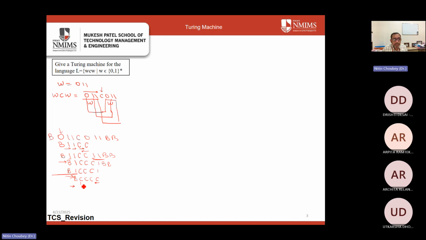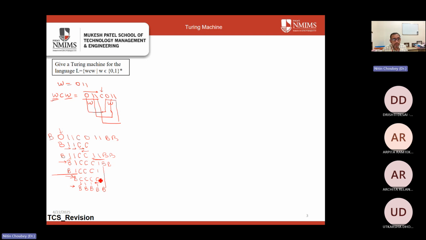So since C is available, it indicates your W is over. When W is over, all symbols of this W should have been replaced by C. So we need to check that. C replaced with blank, C replaced with blank, replaced with blank, replaced with blank. And after this, we will get this blank.